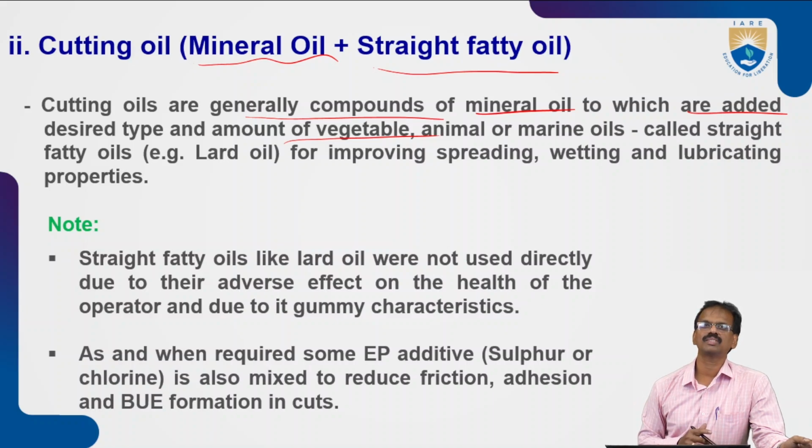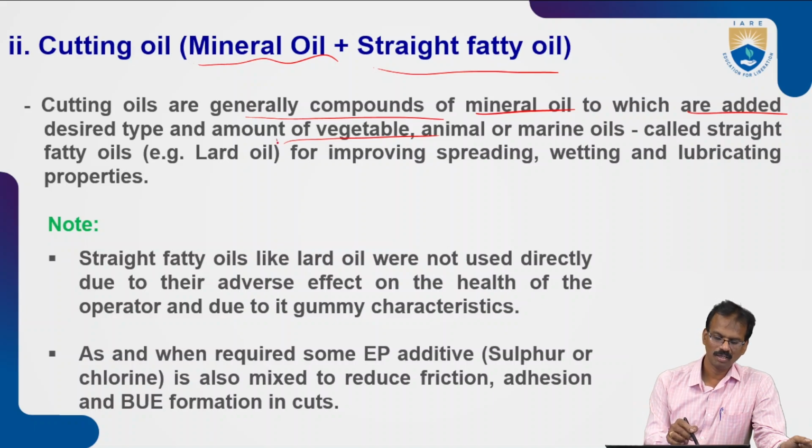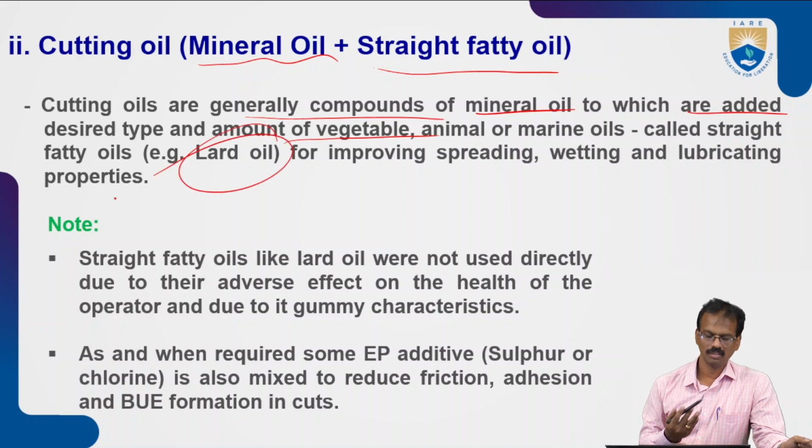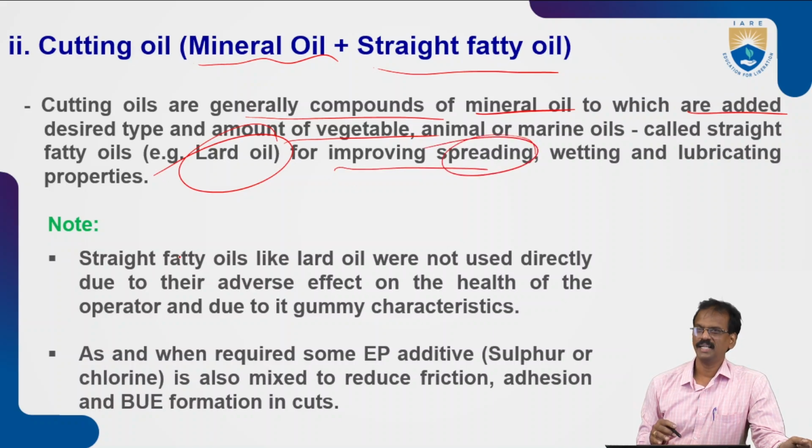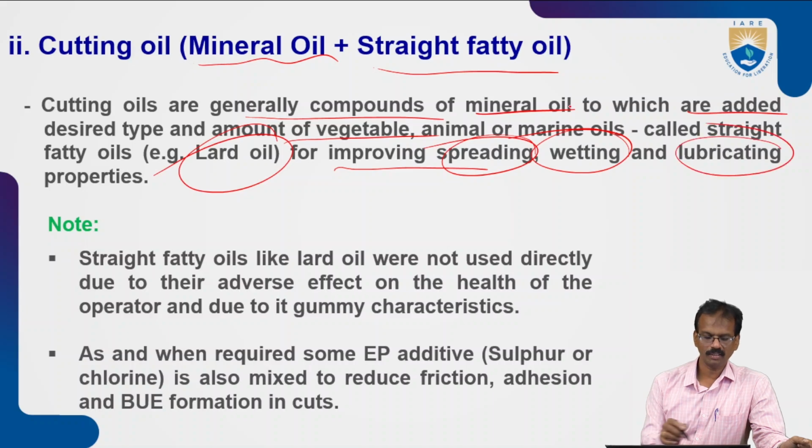Those are called straight fatty oils, simply called lard oil, the fat of animals or vegetables. The main purpose is improving the spreading, wetting and lubricating properties: spreading over the machining area, wetting that intersection area, and lubricating. For this purpose, we can use this type of cutting oil.